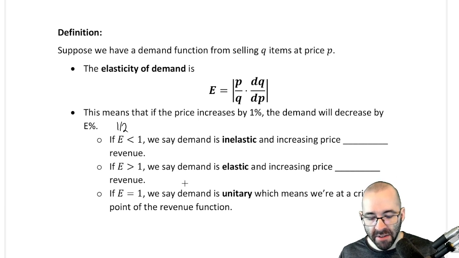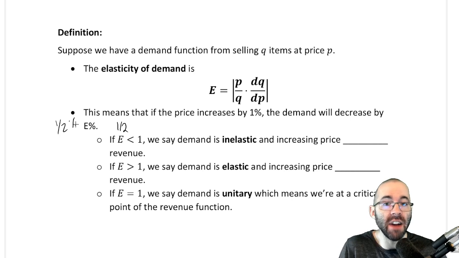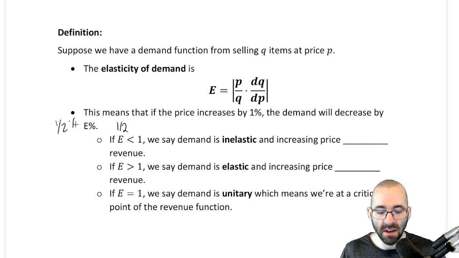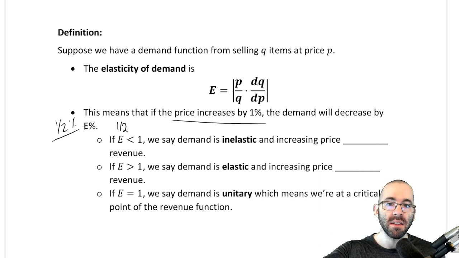Well, that means that if the price increases by 1%, the demand will decrease by 0.5%. So what's changing faster? The price is changing faster. The increased price is growing faster than the decrease in demand.